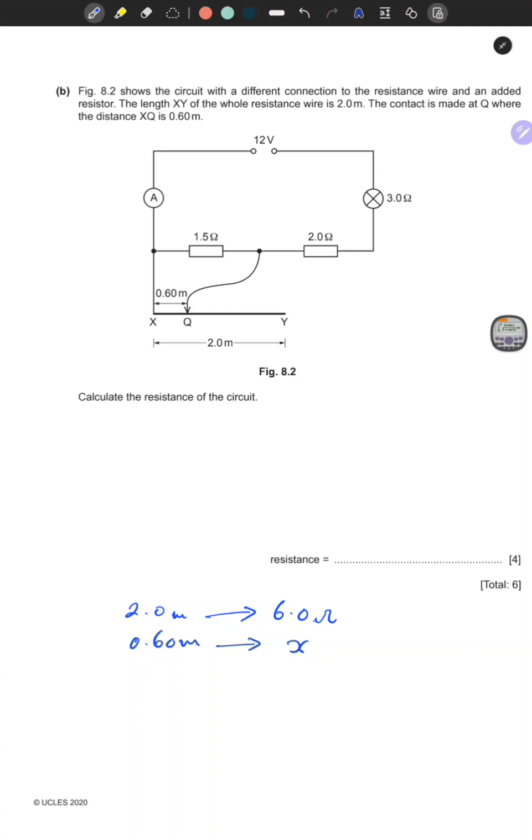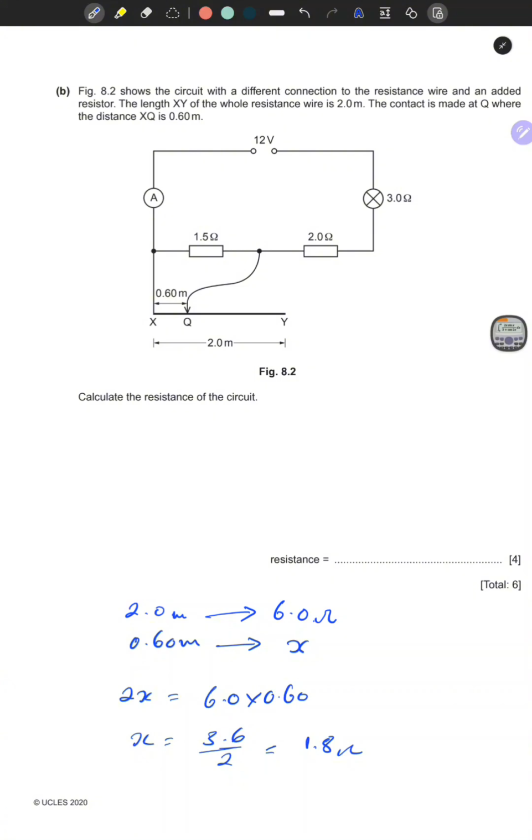So to find x, that means 2x, simple algebra, equals 6 times 0.60, and that gives me 3.6. So x is equal to 3.6 over 2, which is 1.8 ohm. Okay, so I have found the value of the resistance of the line XQ. So now I want to find the total resistance.